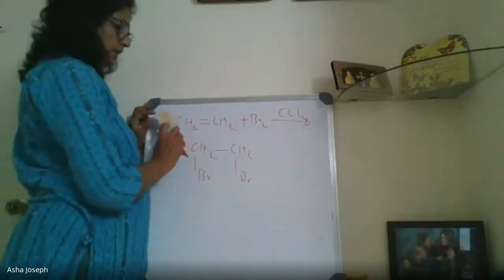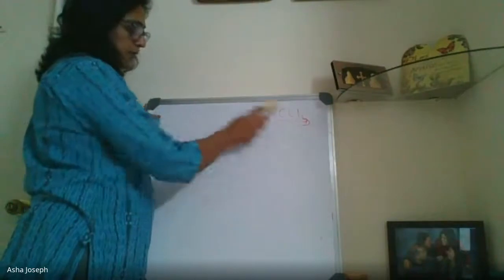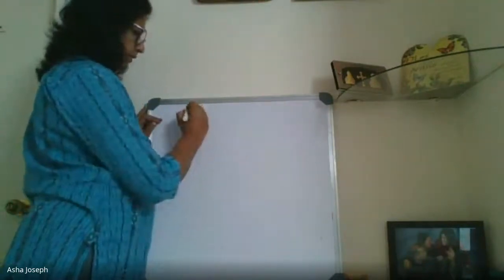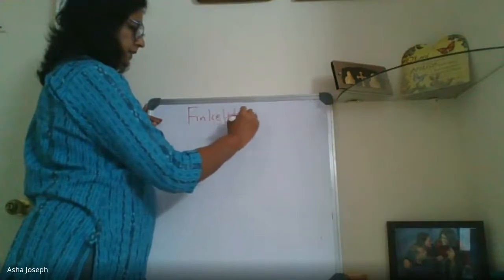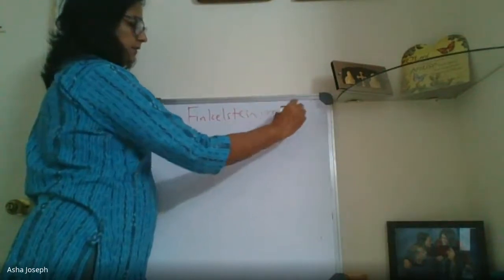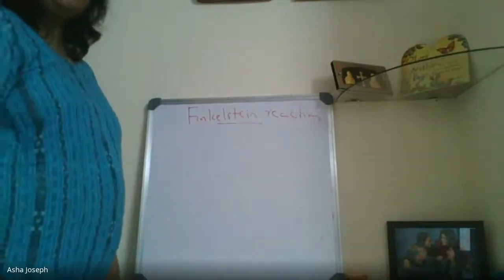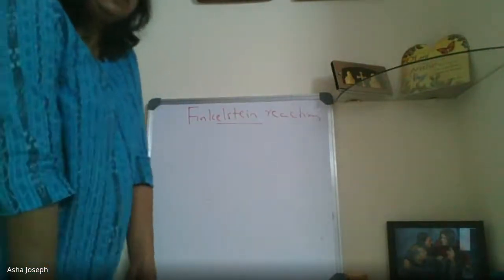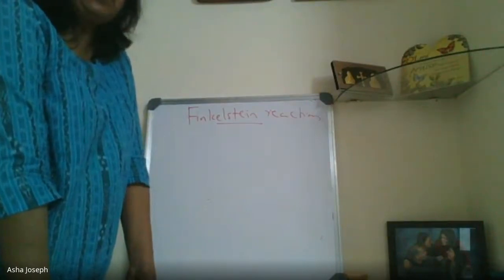Okay, we'll go to the next reaction. The next two are main reactions, so very, very important. The next one is the Finkelstein reaction. You will get an iodoalkane from a chloroalkane or bromoalkane.